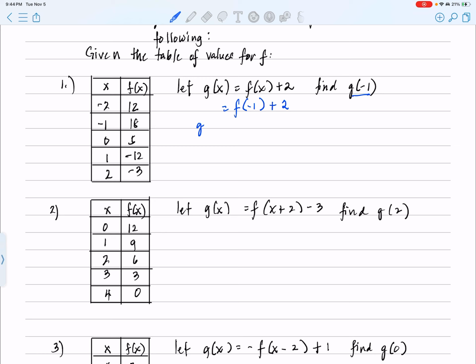What is the g of negative 1 here? Negative 1 is, look at the table, 18, right? 18 plus 2. So the g of negative 1 is equal to 20.